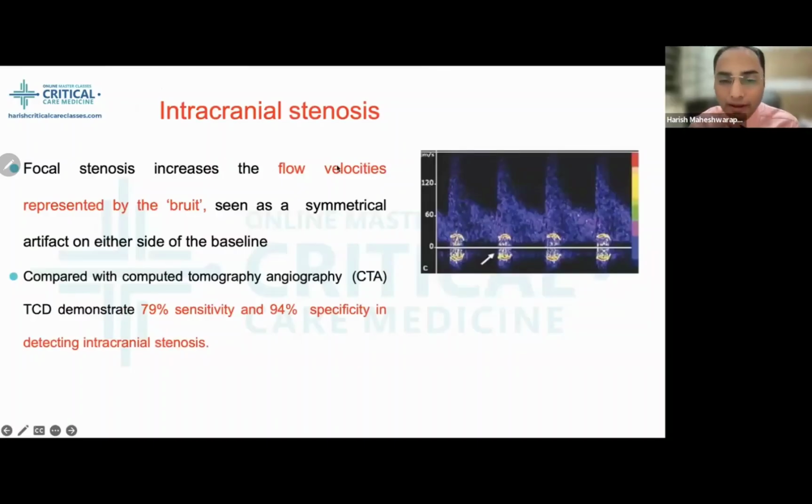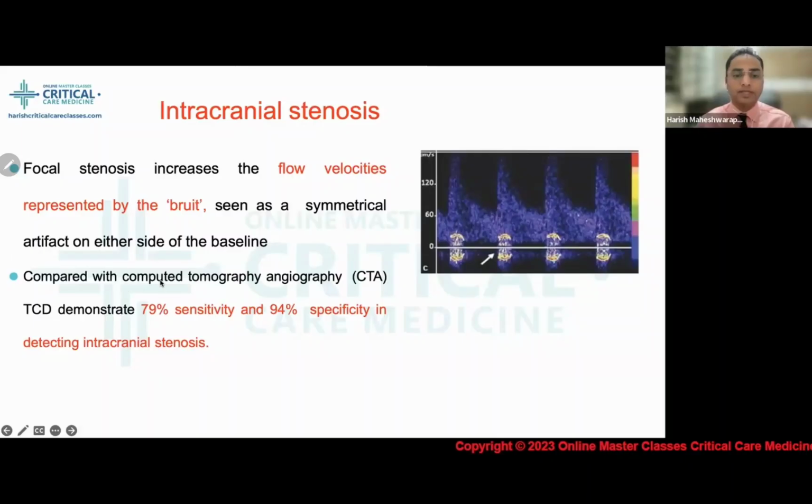Then how can we get an idea whether a patient has an intracranial stenosis using transcranial Doppler? Focal stenosis increases the flow velocities, represented by a bruit, seen as a symmetrical artifact on either side of the baseline. If you get an artifact like this, this is the peak systolic wave velocity. This means the patient has an intracranial stenosis.